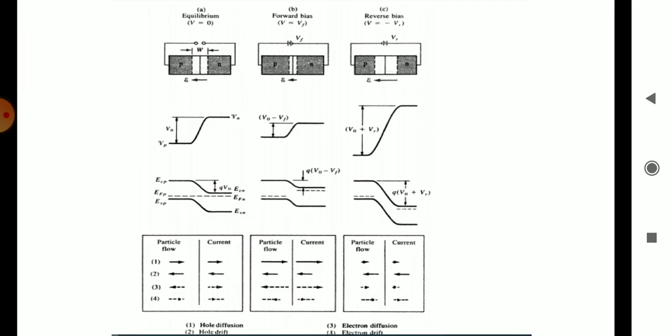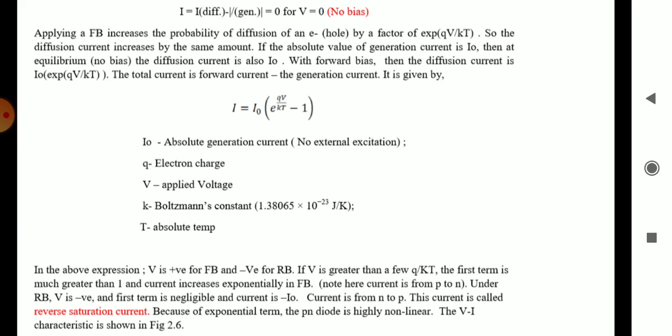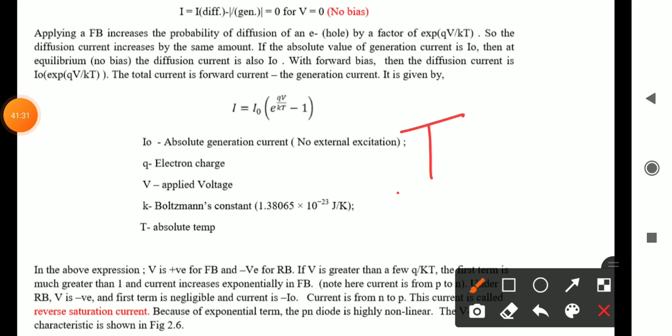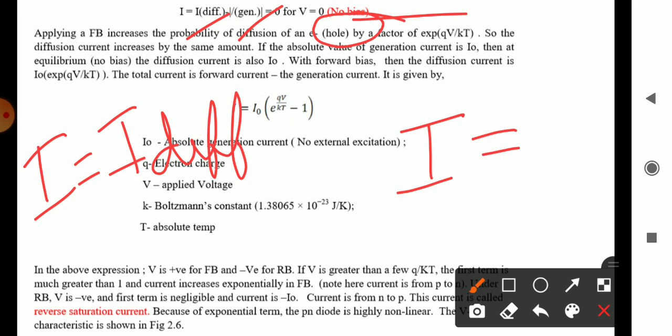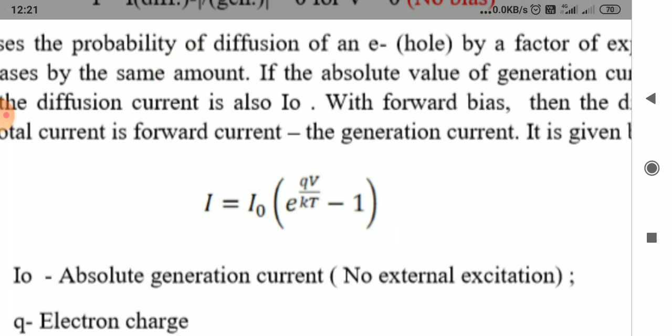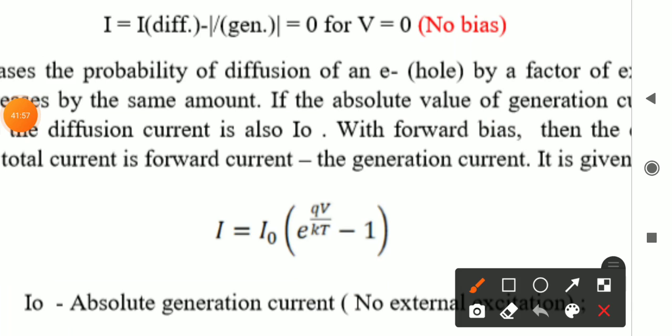So at equilibrium, that is at no bias, the current flowing in the semiconductor material is I equals I diffusion minus I drift, that is I diffusion current minus I generation current.